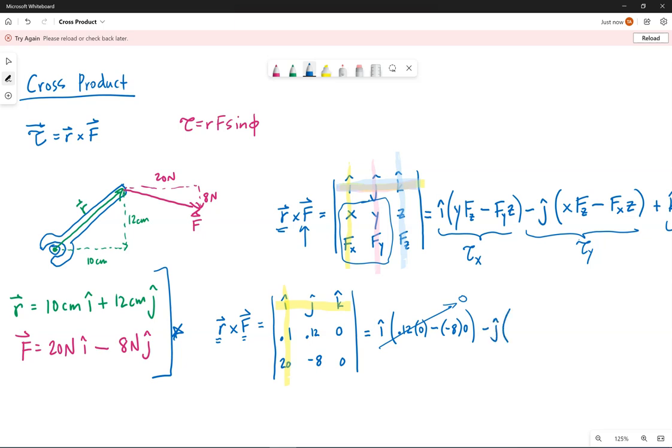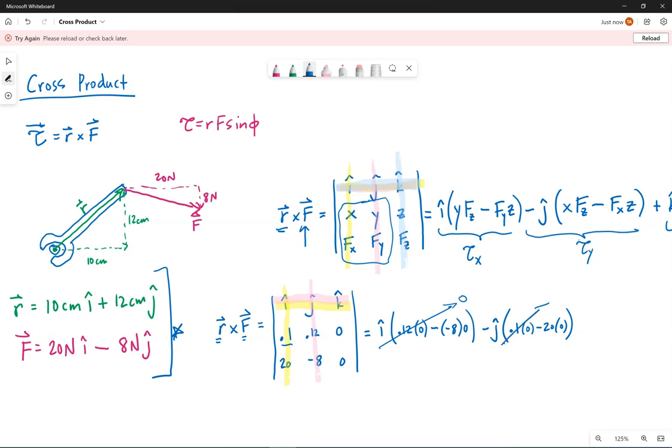Similarly, the y component, again, that y component is always negative. It just has to do with the location within the matrix. You don't need to worry about that, just remember that. I cross out the top row and the middle column because that's where j is located. Starting with the top left uncovered number, 0.1 times 0 minus the other two diagonal numbers.